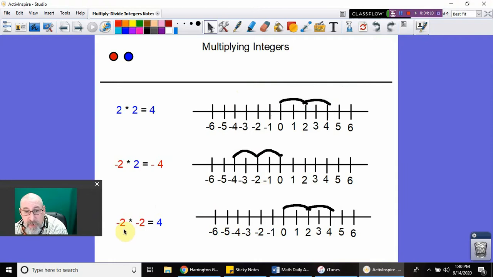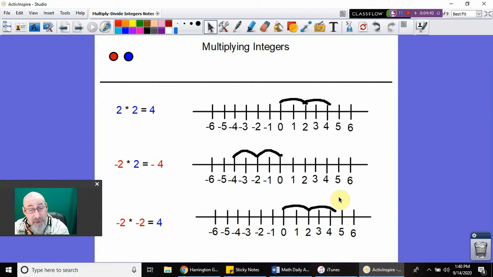So negative 2 added together negative 2 times. So that's where it gets tricky. So the number line is hard to tell, because you would think you would do negative 2 and you're adding it negative 2 times. Well, that negative means that we're going in the opposite direction for this. And the number lines are kind of hard to see that clearly. So that's why we're going to use our rule.